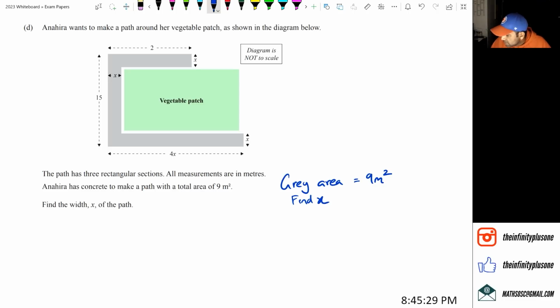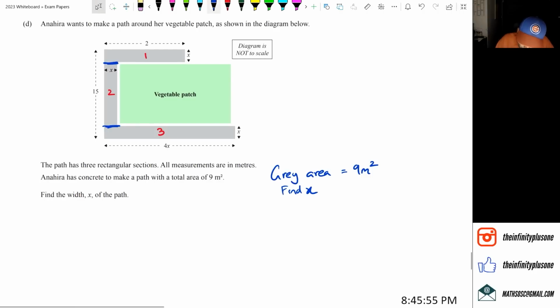And we are supposed to figure out what x is, which happens to be the width of the path. So what we're going to do is split this up into 3 rectangles. The first rectangle is quite easy. We've got rectangle 1, rectangle 2, and rectangle 3, and so we're going to draw them out.